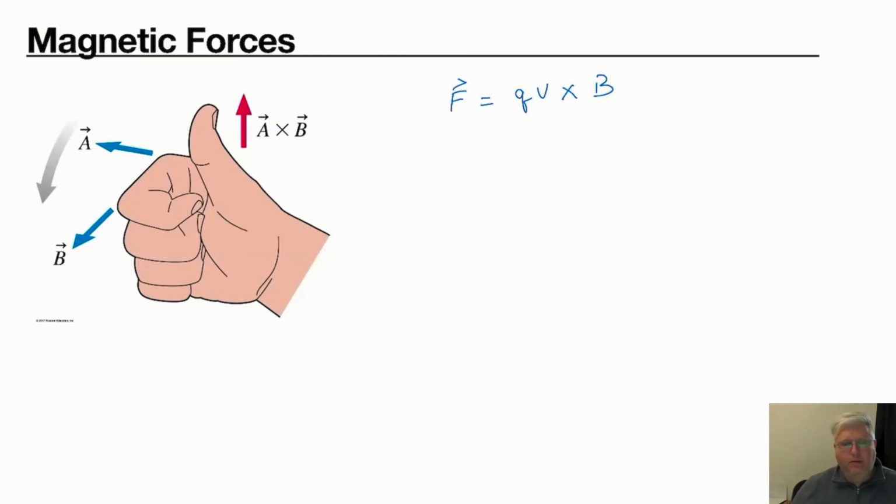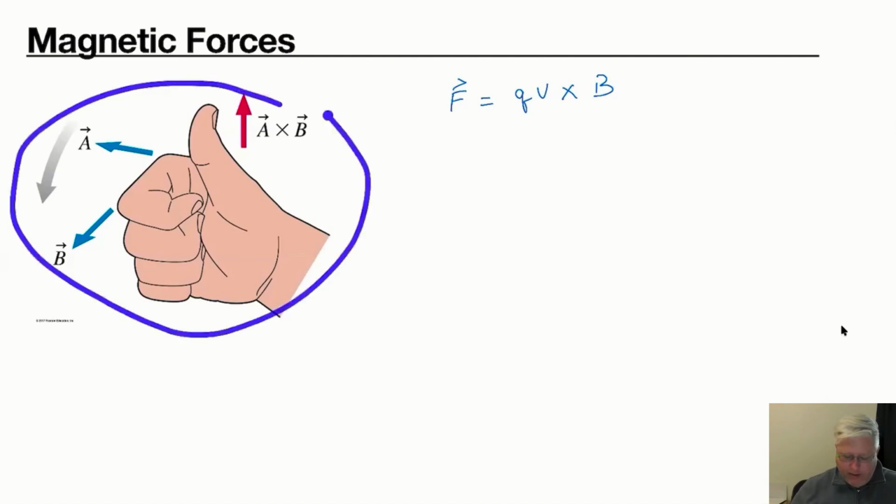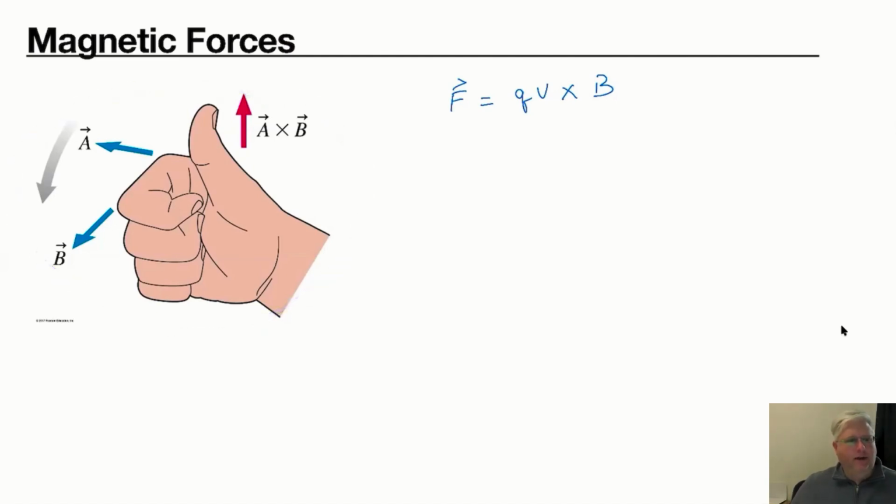Okay, and a couple ways to do this, and I think I mentioned this previously too. There are a couple ways that you can use the right-hand rule. This picture is kind of a generic cross product of how the right-hand rule works.